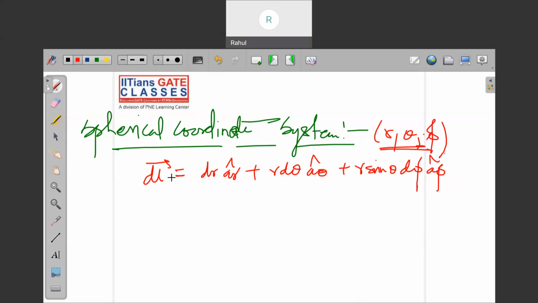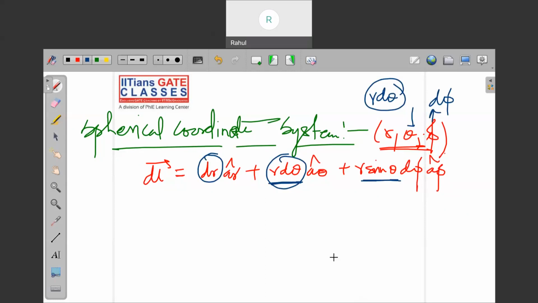There are three lengths again: dr, r d theta, because if theta has an incremental change, that is d theta, so to make it a length you have to multiply with r. And if there is a little variation in phi, to make it a length you have to multiply with r sin theta d phi.